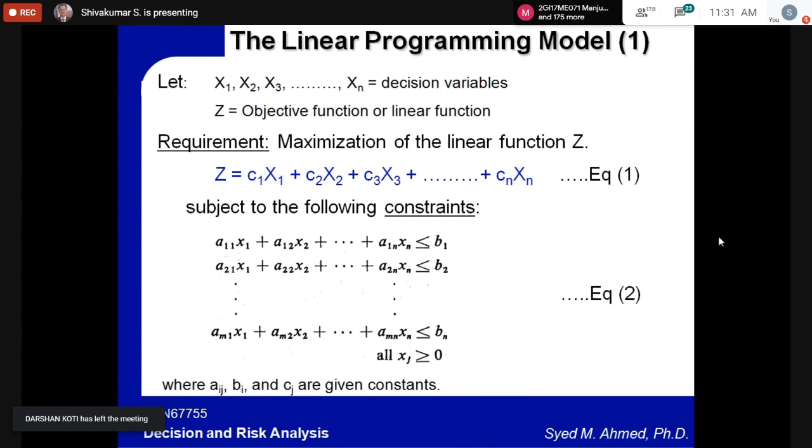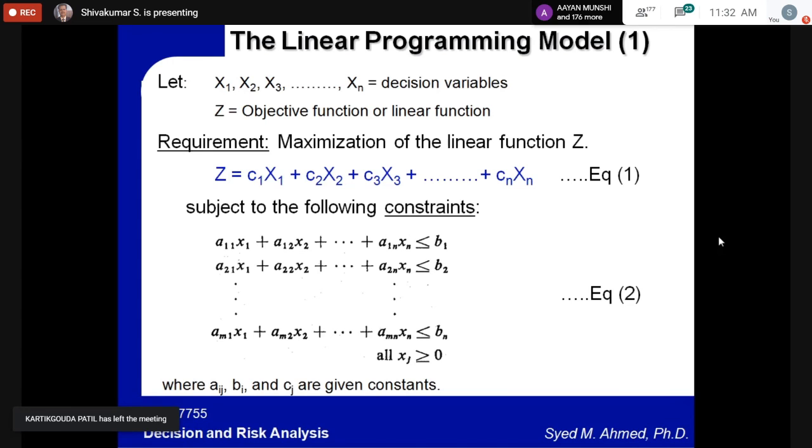Then subject to the following constraints. Remember I told you there are so many constraints: machine constraint, labor constraint, capacity constraints, and so on. They are the B1, B2, up to Bn. Machine constraint may be B1, labor constraint may be B2, and capacity constraint may be B3.